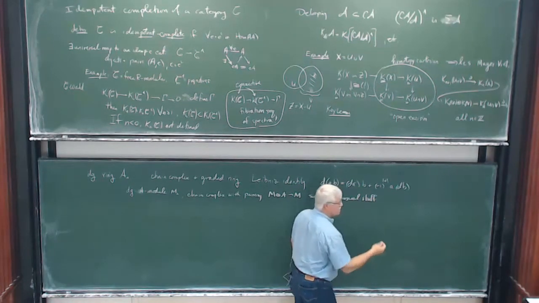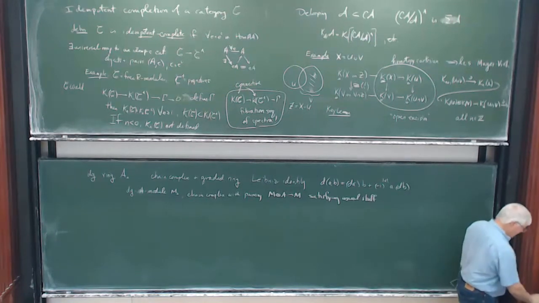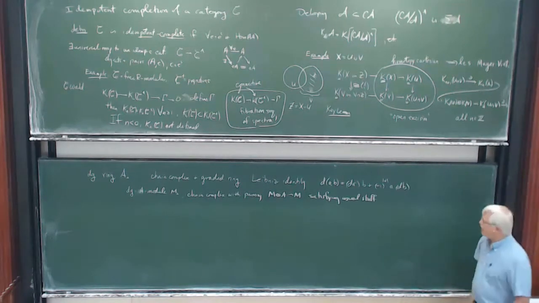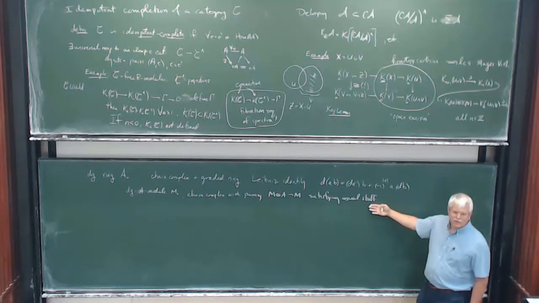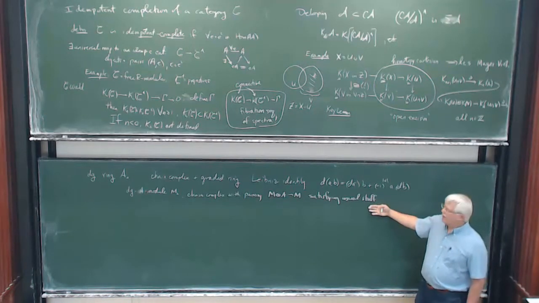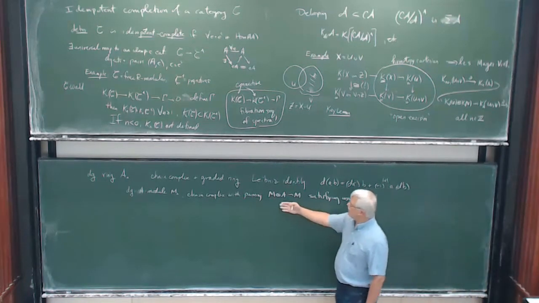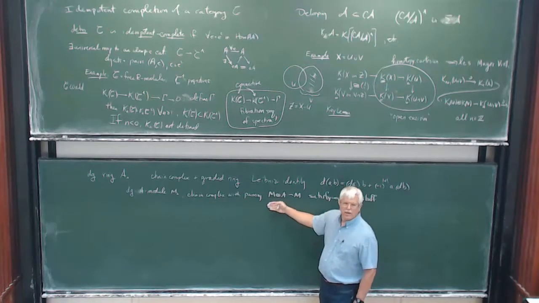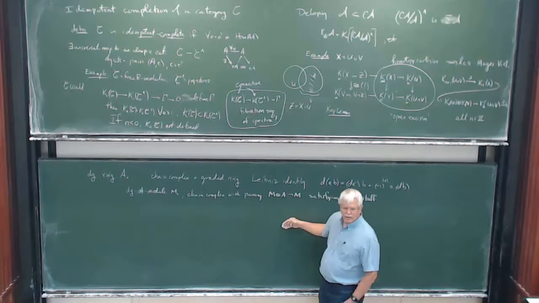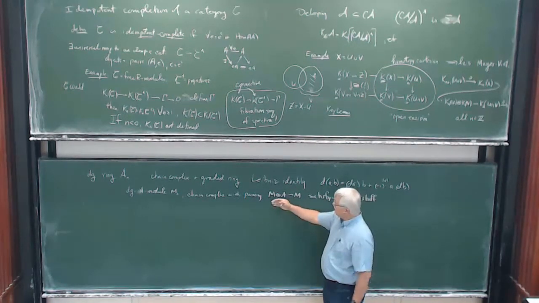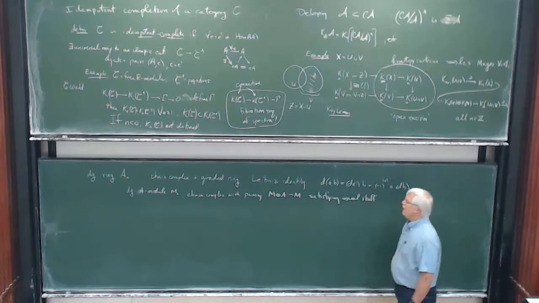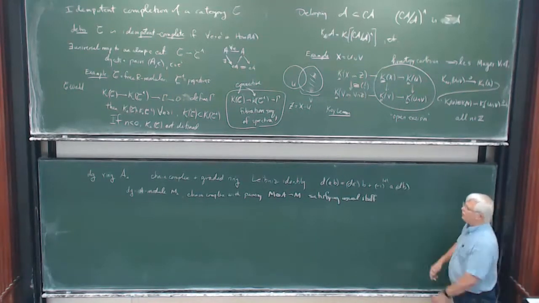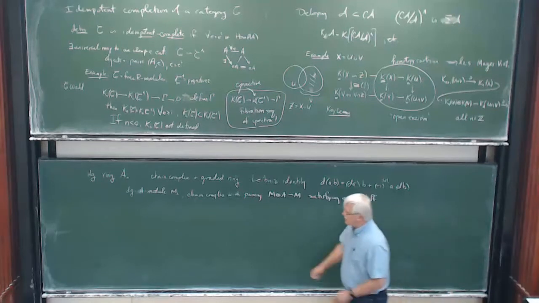Now, the reason the chalk looks like it's getting really fat is because I'm at the end of that chalk. There are a lot of things that you want to say when you say something is a module. One of the things is to write down a diagram saying M tensor A tensor A goes to M tensor A and goes to M. And another one you want to say is that the identity works right. And just write down the usual things. So this is what a differential graded module is.